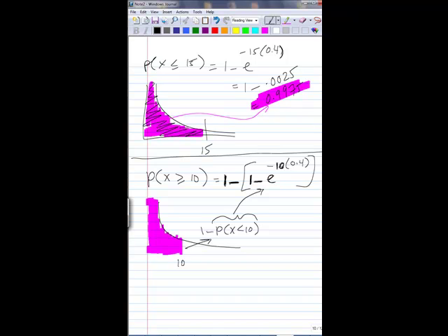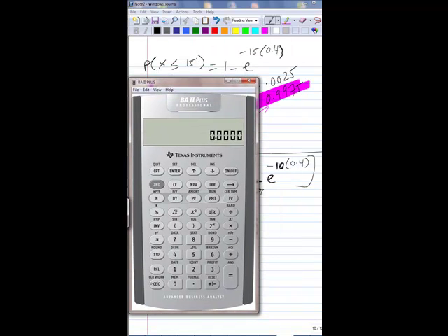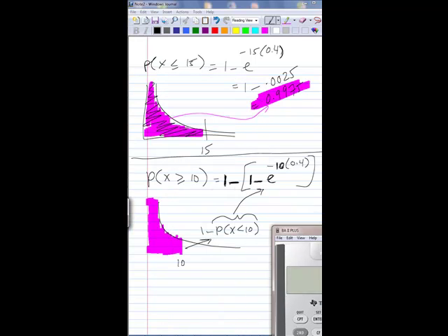So using the calculator, I get 10 negative times 0.4 equals negative 4. Second function, natural log, and that gives me 0.0183.